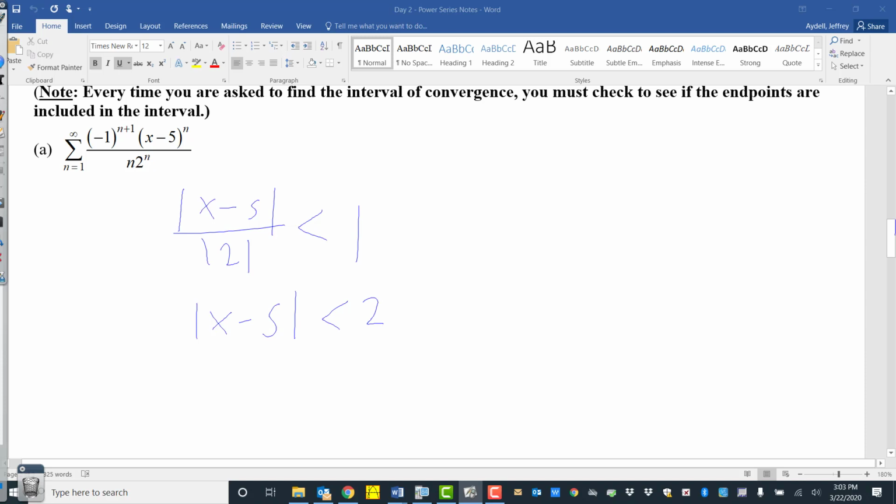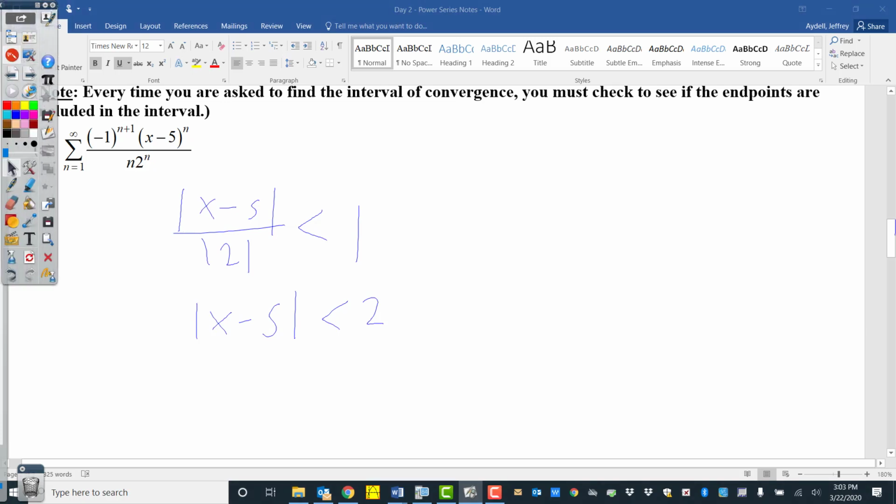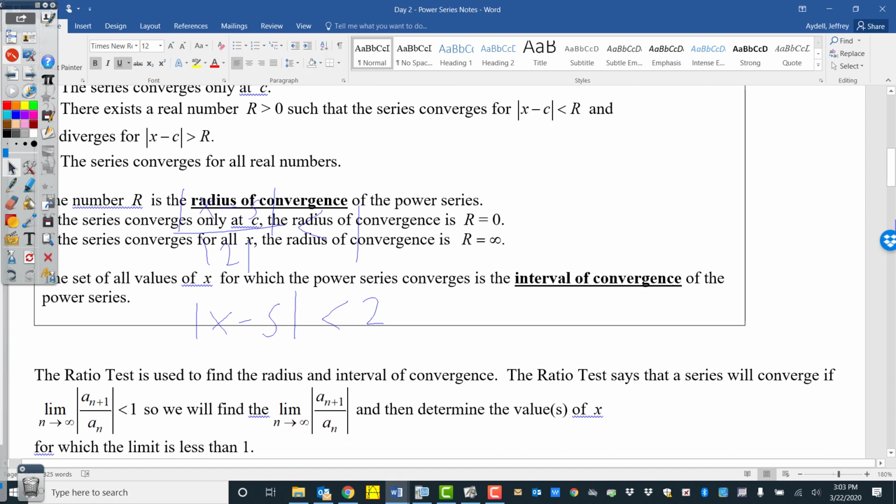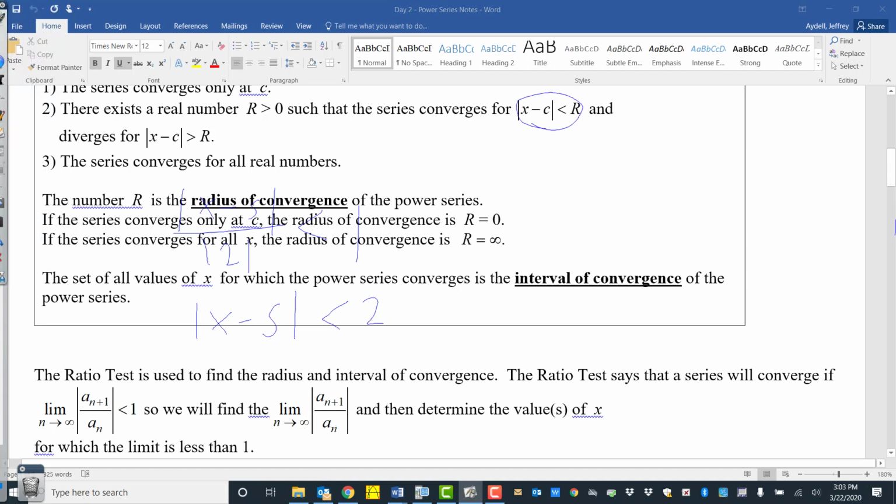Well, it really only tells us one thing right now. It tells us what our radius of convergence is. Remember, we said earlier that the radius of convergence is going to be whatever this r is out here. Well, specifically the r in here.